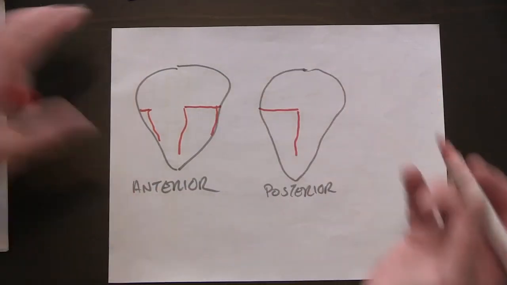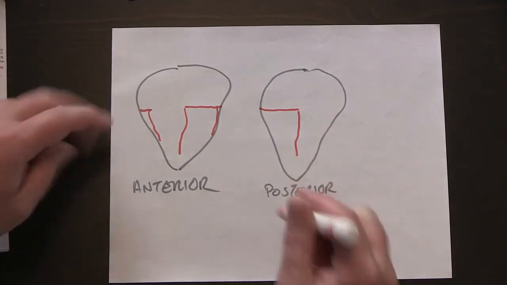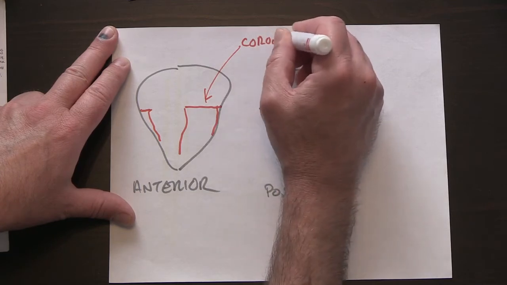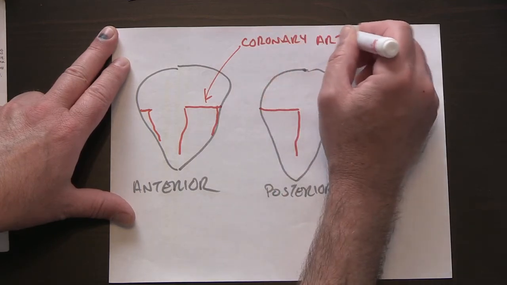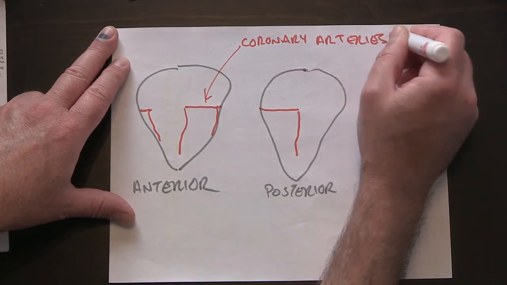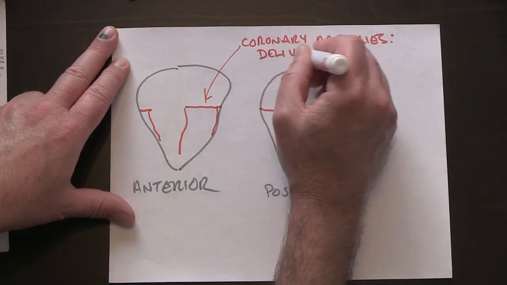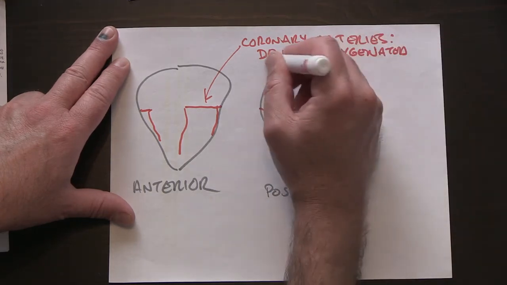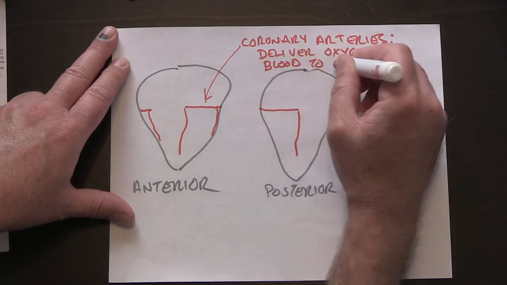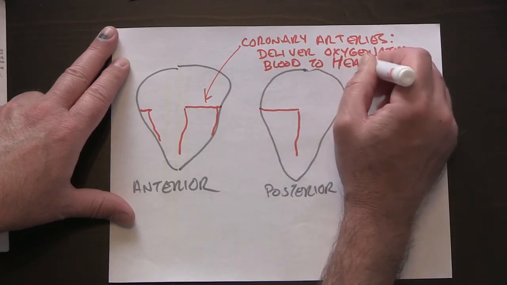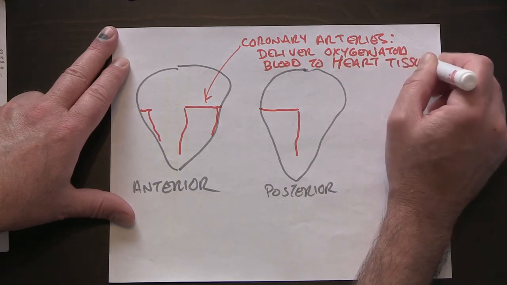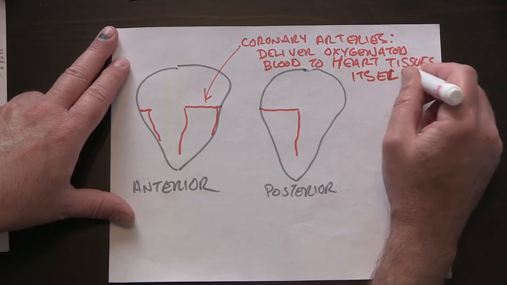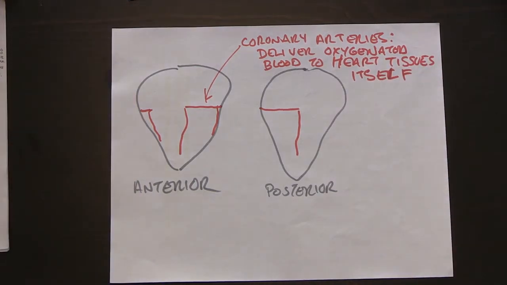These are coronary, and this is anatomically only kind of correct. Okay, so these are coronary arteries. And then these deliver oxygenated blood to the heart tissues itself, because it needs oxygen, just like every other tissue in the body.